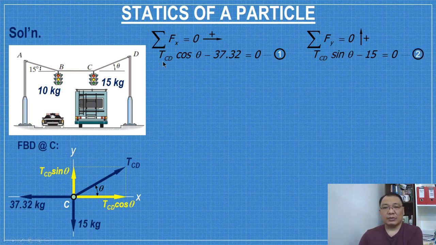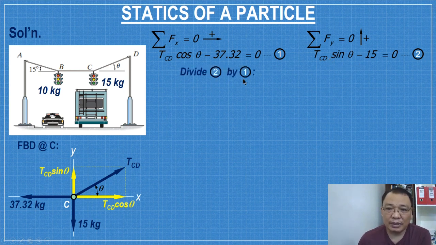So how do we solve for the unknowns? One technique, one solution, is to divide equation 2 by equation 1. So this is what happens: TCD sin theta divided by TCD cosine theta.